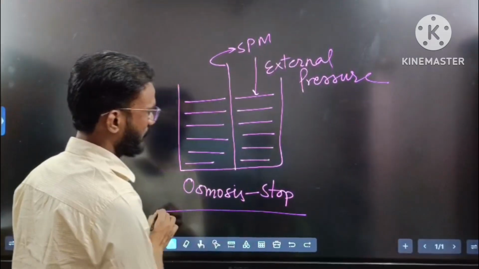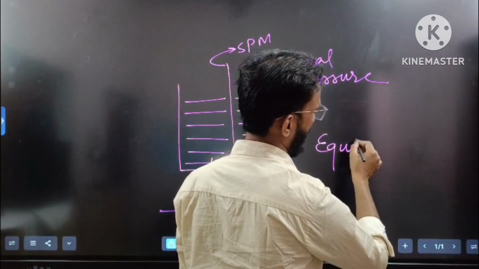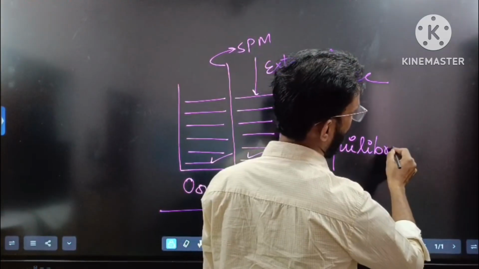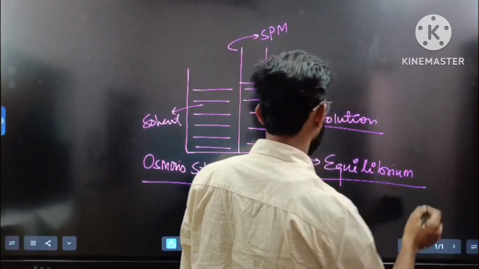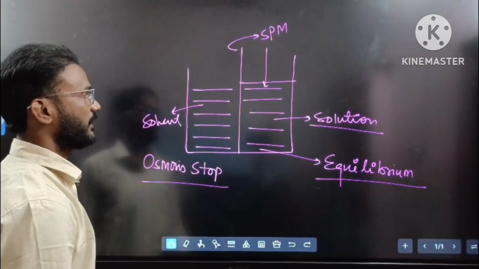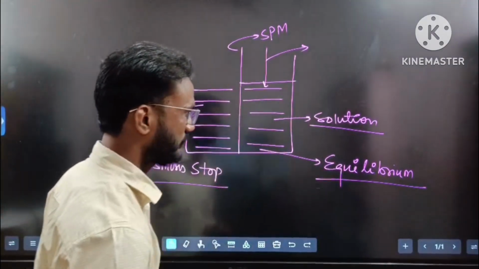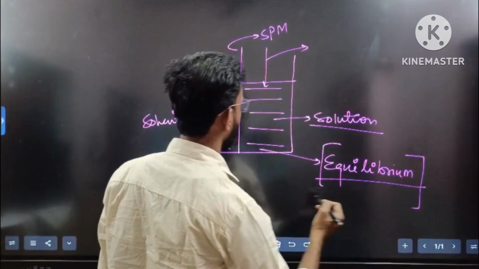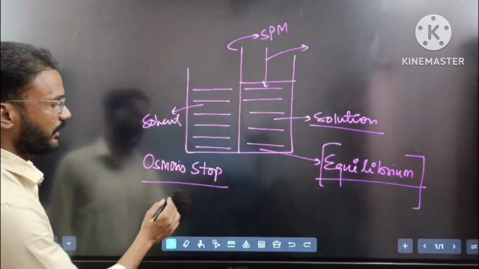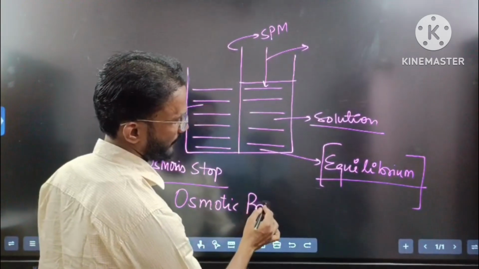It means both solutions lie in an equilibrium state. On the basis of equilibrium, we can say the external pressure which can establish equilibrium between both solutions is also known as osmotic pressure.